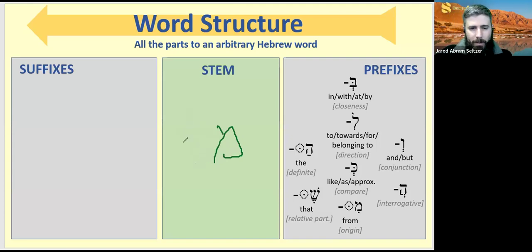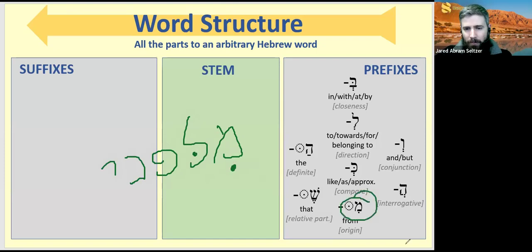Let's see if I can spell. Milifne, like this. The mi is that one. Lif. Well, hang on. This has a shva and that has a chirik. I know it's because Hebrew can't allow two shvas in a row at the beginning of a word. So le becomes li. Mi lifne.